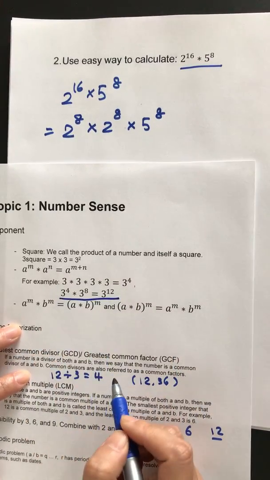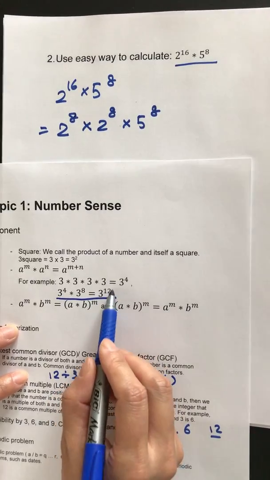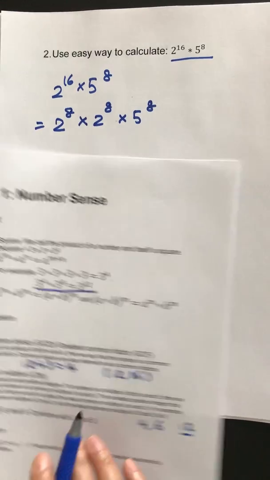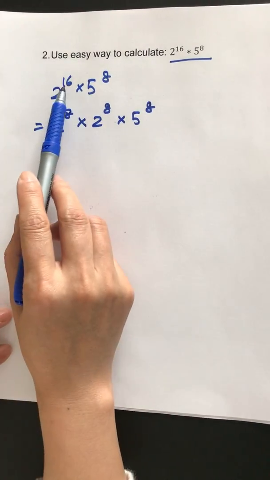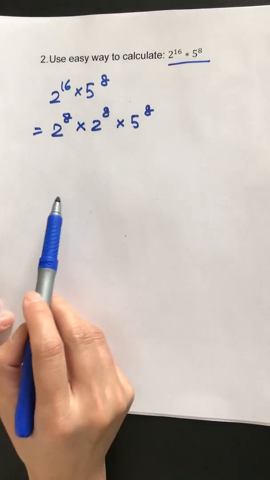You have a total number with the same base, and you can break this total number up into 2 components. In this case, we break 16 up into 8 twos and another 8 twos.